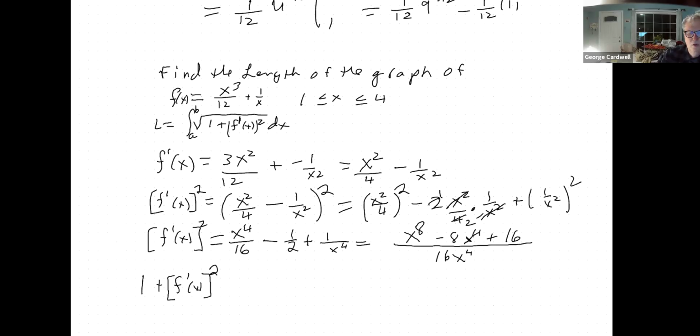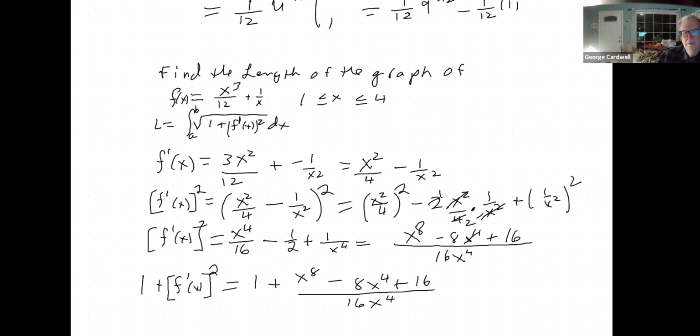So that's going to be 1 plus this whole fraction, x to the 8 minus 8x to the 4 plus 16, all over 16x to the 4.